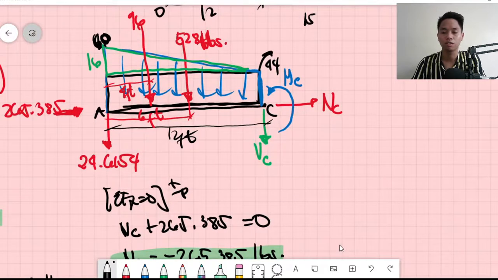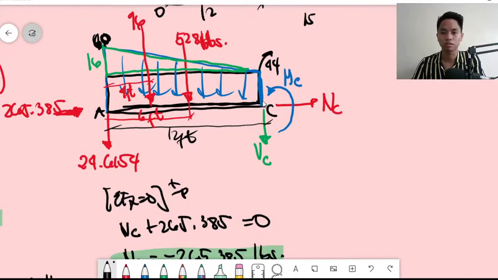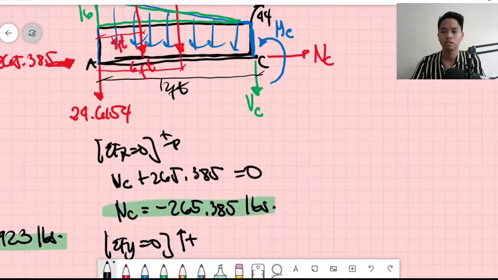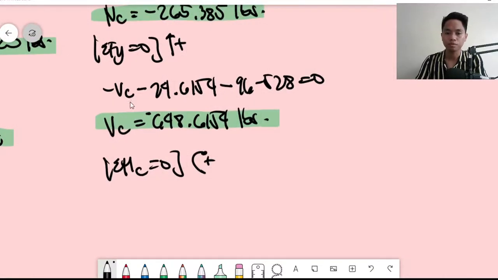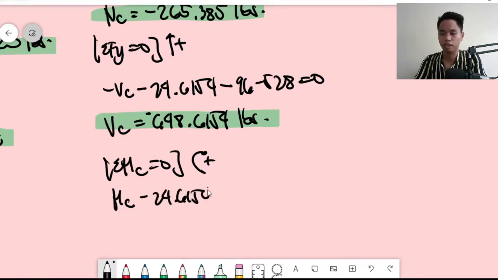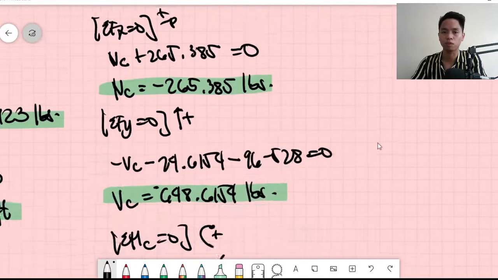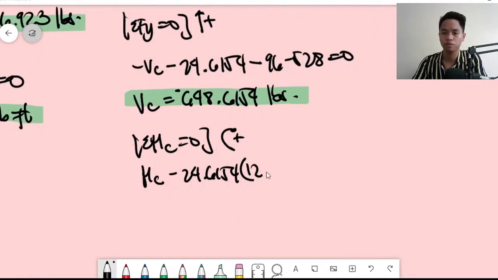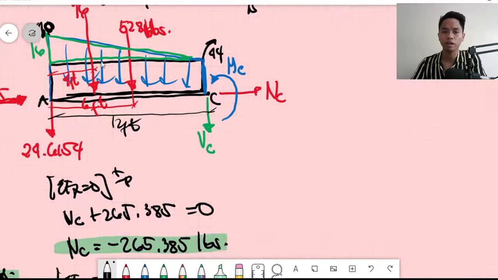None. So MC is negative, minus 24.6154 with a moment arm of 12, minus 96 with a moment arm of 8, since this is 4, therefore this is 8.